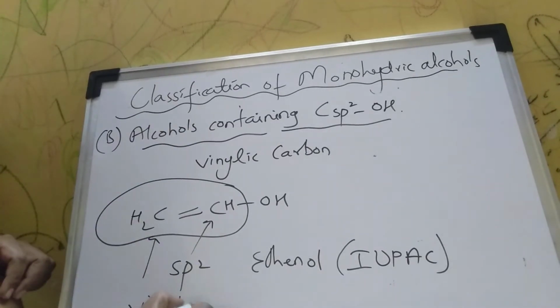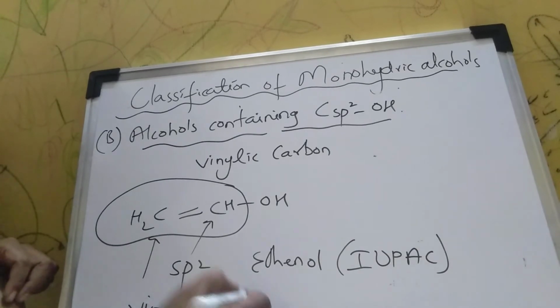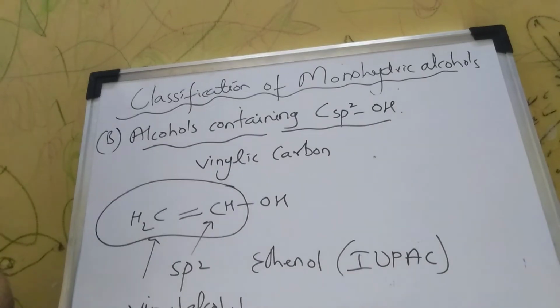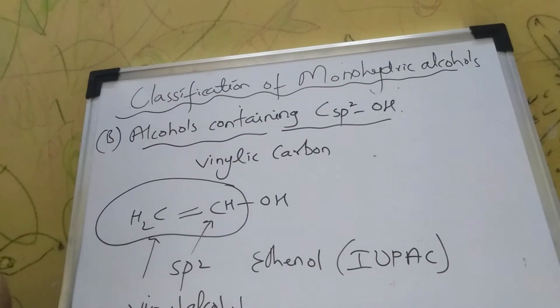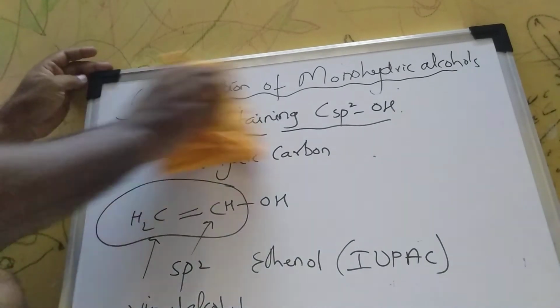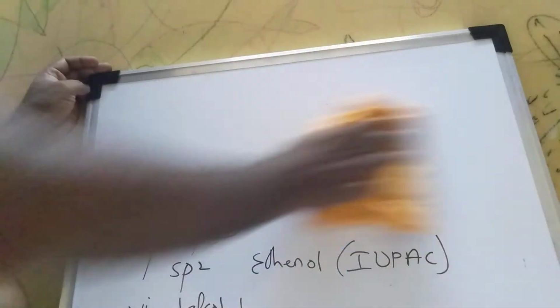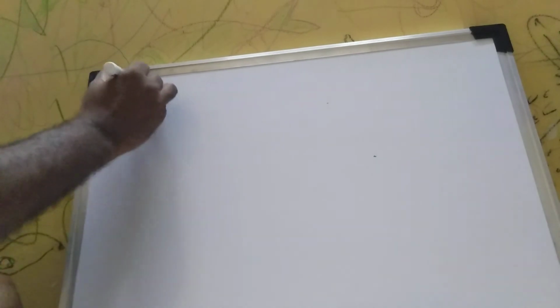And the OH is alcohol: vinyl alcohol. So this was just the basic classification of alcohols. Now we'll go to the important part, which is nomenclature. How will you name the alcohols according to IUPAC rules?